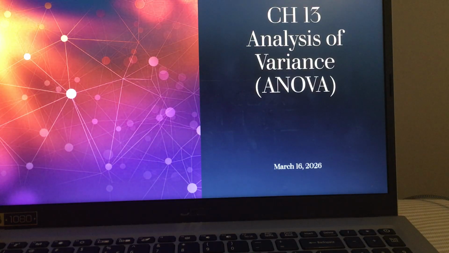We will talk a little bit about the relationship between ANOVA and the other statistical tools. And then at the end of the chapter, we're going to cover a few more advanced ANOVAs, including repeated measures ANOVA, factorial ANOVA, and analysis of covariance, or ANCOVA.